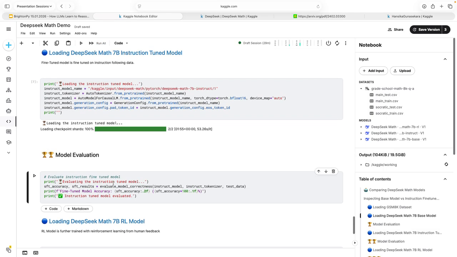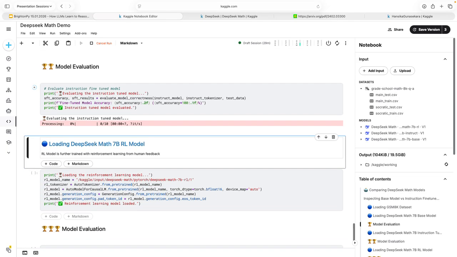The loading is complete. Now we can start evaluating the fine-tuned model.